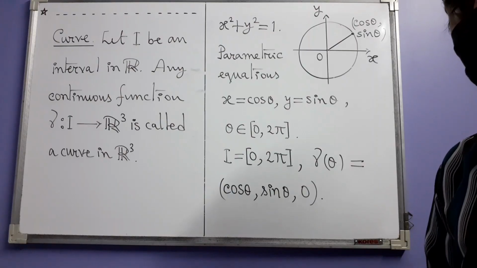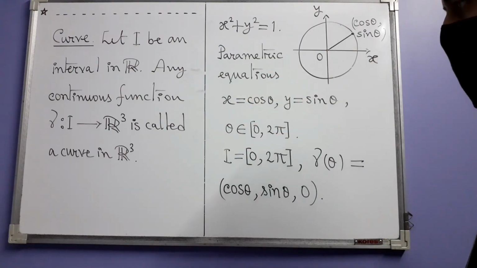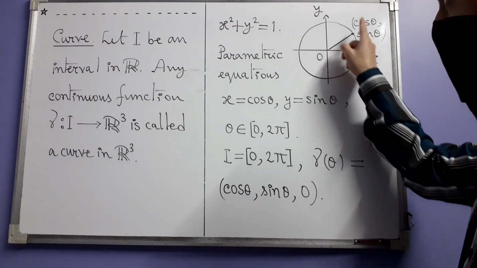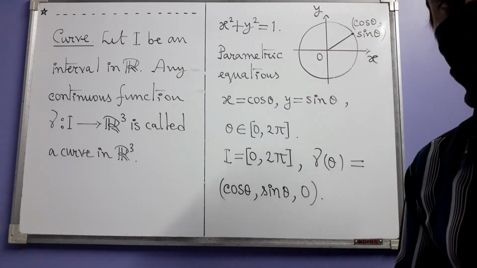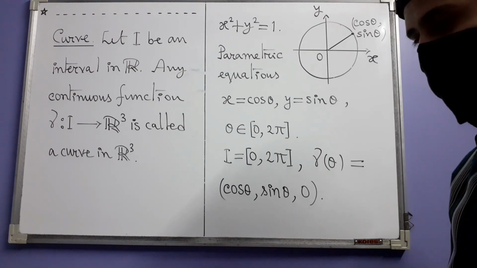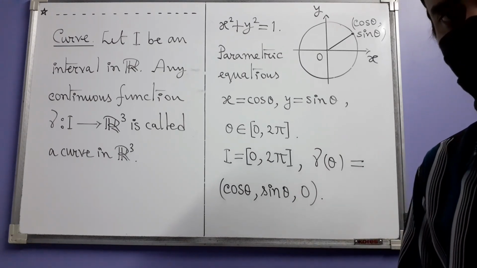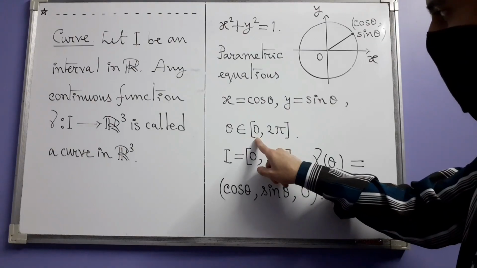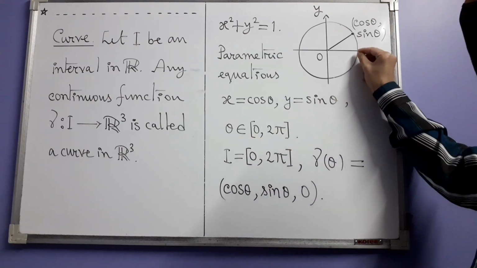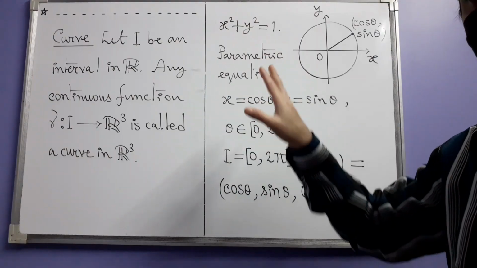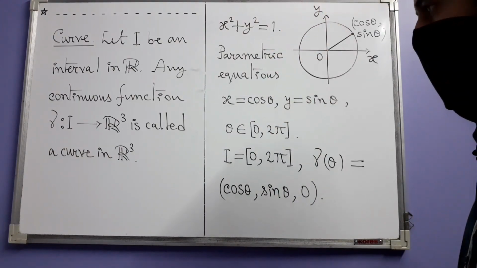Okay. So in this three-dimensional space, the gamma tells me how the curve is appearing, where it is, and how it is being drawn also. As I said just now, as my theta changes from 0 to 2 pi, the curve gets traced in three-dimensional space and it becomes the circle.